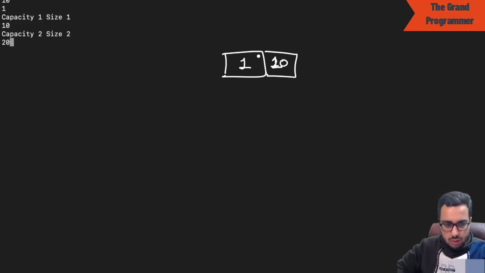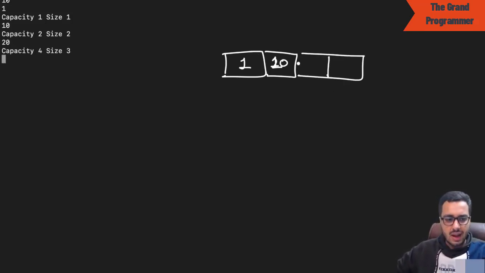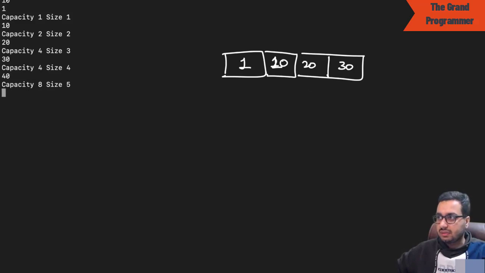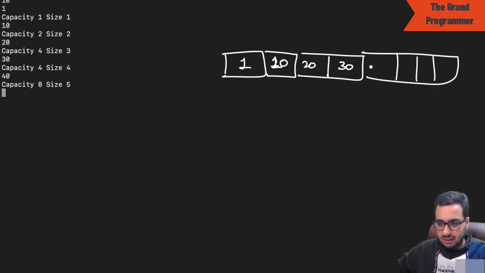Then I store 20, the capacity becomes 4. Then I again insert 30, the capacity remains 4, and we have 30 here. Now if I insert 40, the capacity will double itself. It will become 8, and the size would be 5 because we are storing 5 numbers.